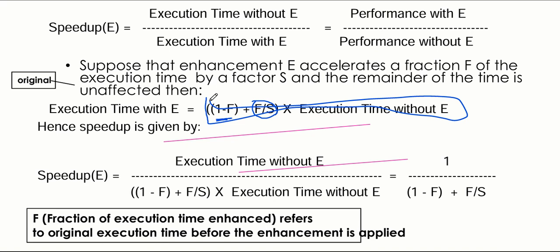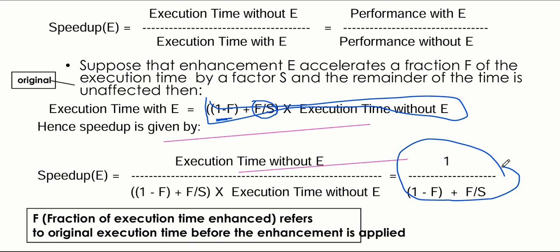Now you can make a change of subject and get the speed up ratio as you wish. So it's just the change of subject matter. Now this becomes at the end of the day the formula for the speed up, right? After you've enhanced only part of a machine, the part you've enhanced is called F. That's what you see.